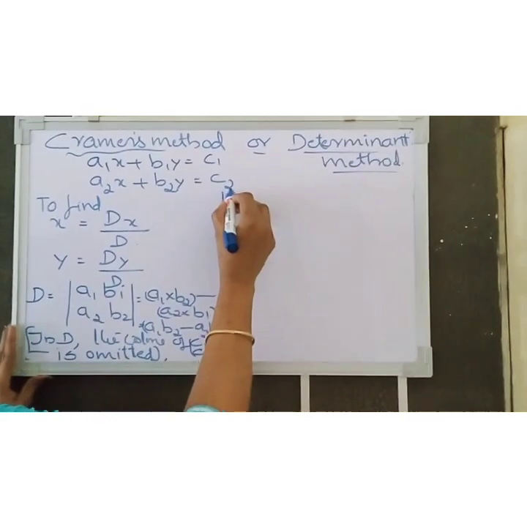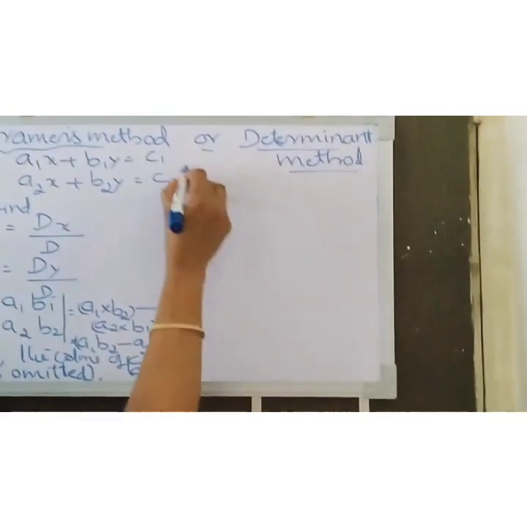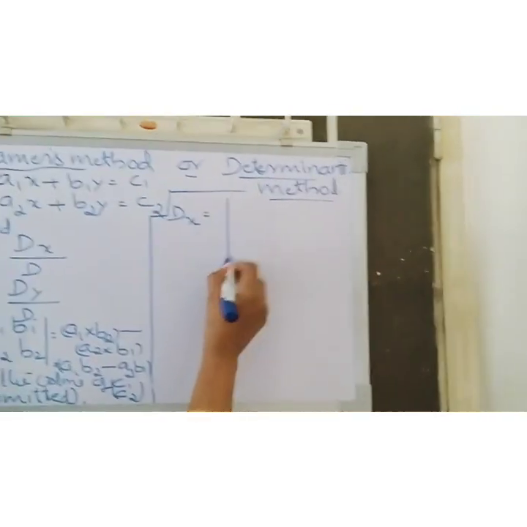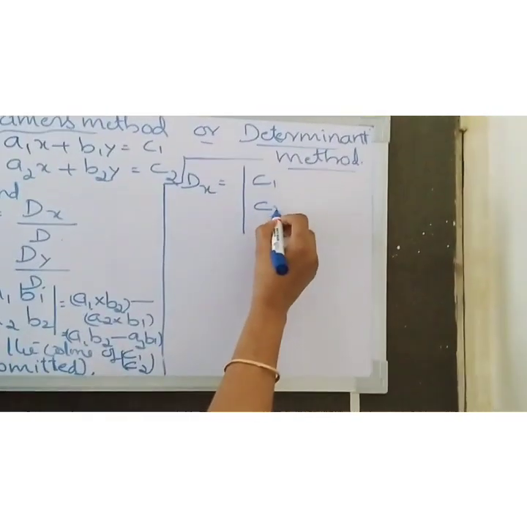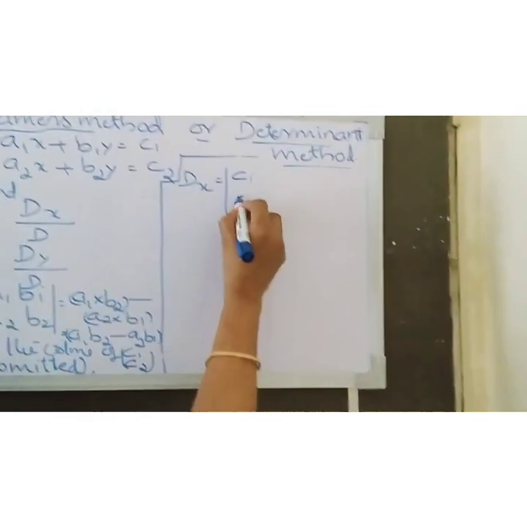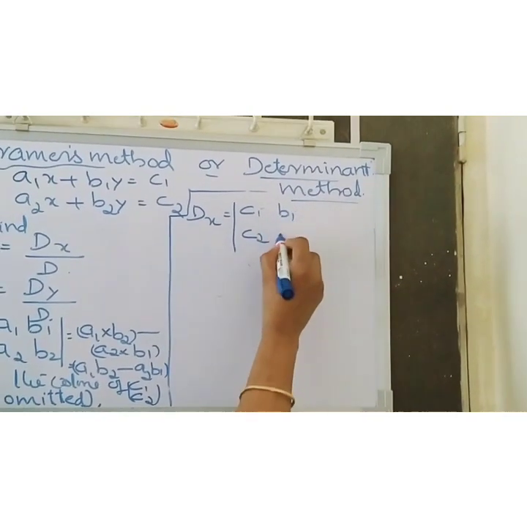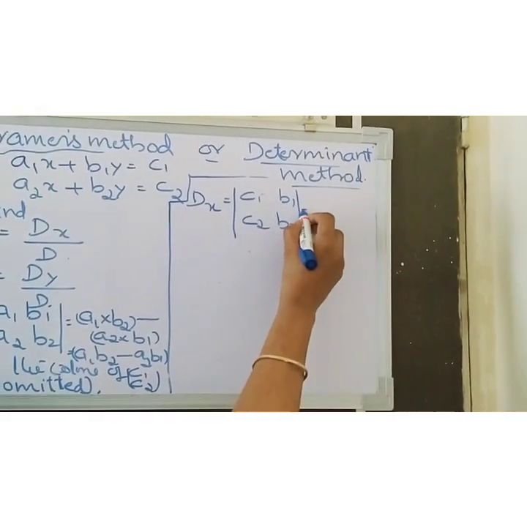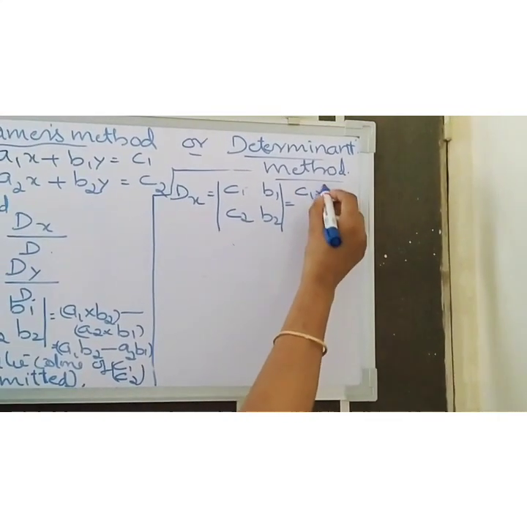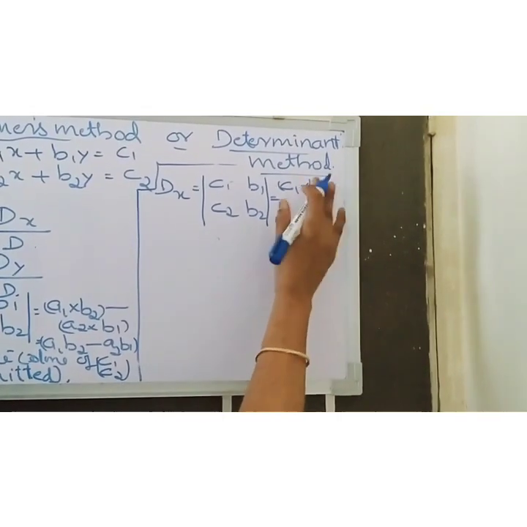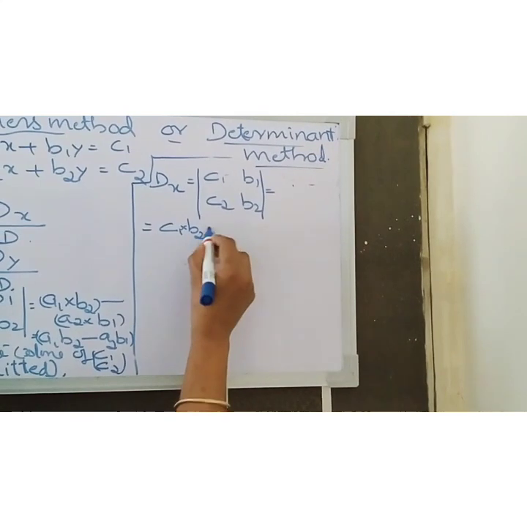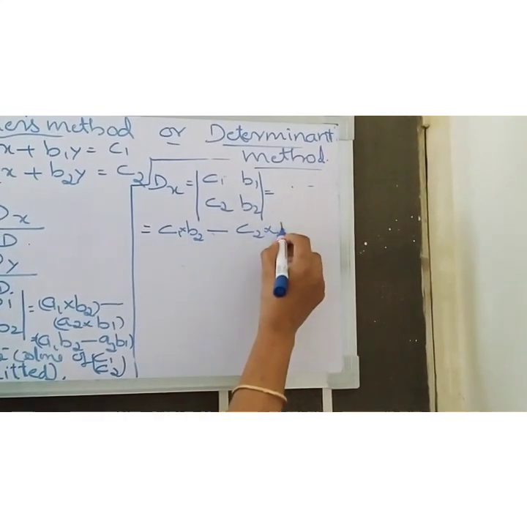Second, how to find dx and dy. dx is the determinant of c1, c2 and b1, b2, which equals c1 into b2 minus c2 into b1.